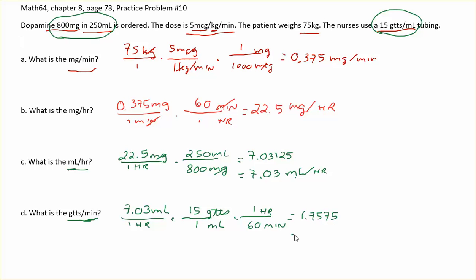And again, I don't really have any rounding instructions on here, so I think 2 places is respectable. So this is 1.76, and you can see that my milliliters drop out, my hours drop out, and I'm left with GTTS per minute, which is exactly what they asked me for. And there you have it.